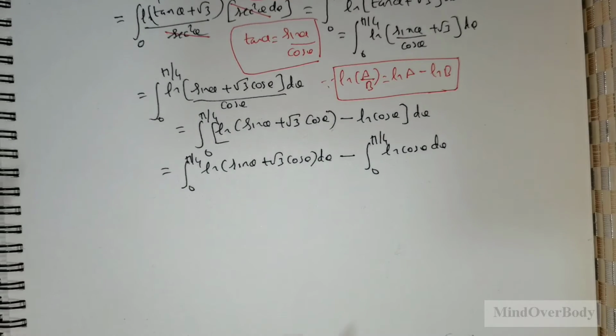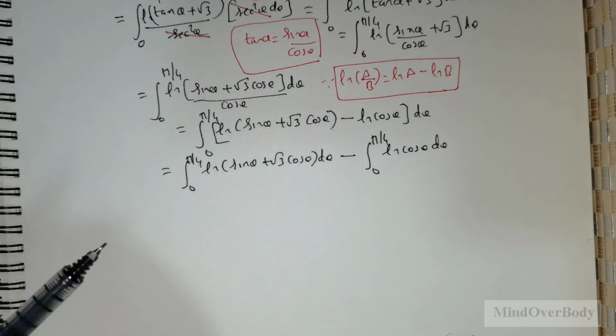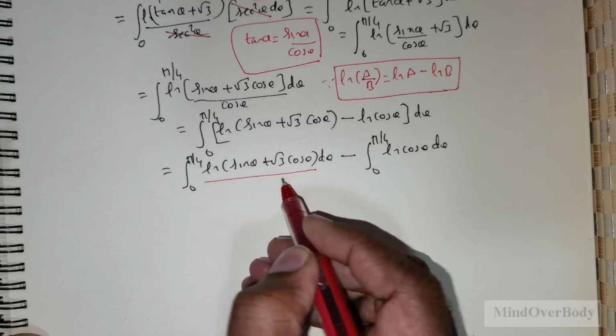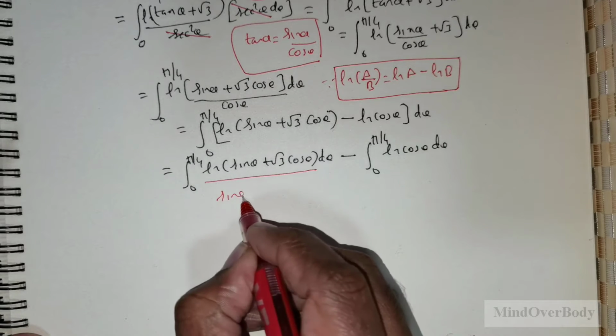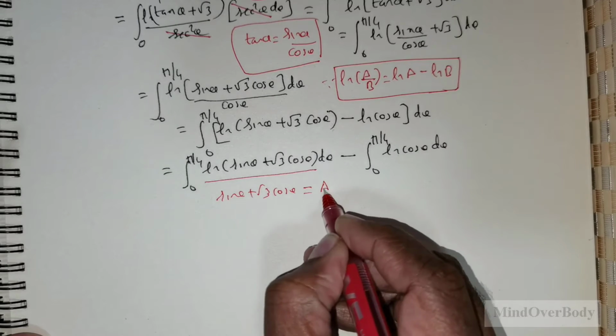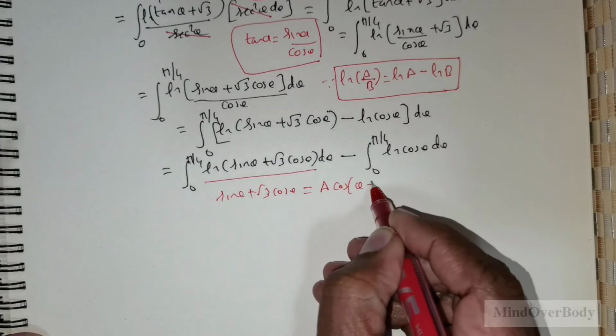Now what I'm going to do is express this quantity, sin theta plus root 3 times cos theta, as a times cos of (theta plus alpha).